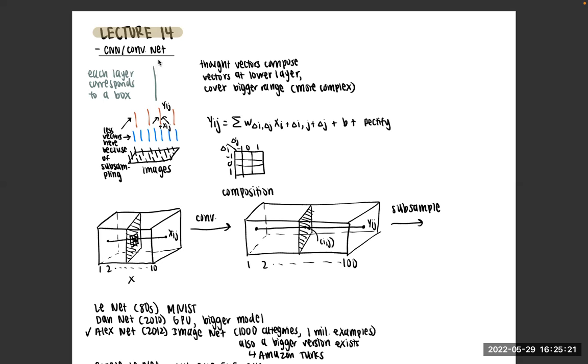So you can even imagine that at the very top layer, if you keep training the network, even after you get zero training error, it is possible that for each category, all the vectors at the top layer will converge to a single vector. So it throws away all the information about the image details and only keeps the information about the category.